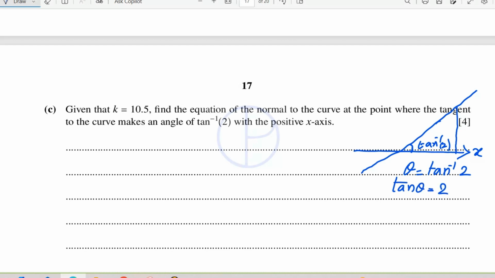Tan theta is nothing but opposite divided by the adjacent. I hope you remember, tan theta represents the gradient of the line.